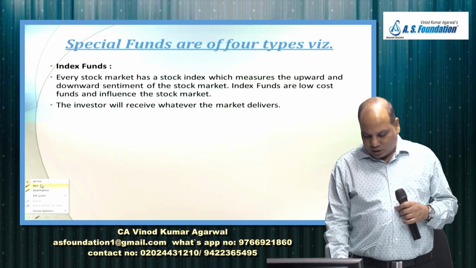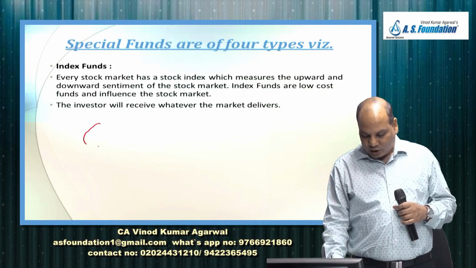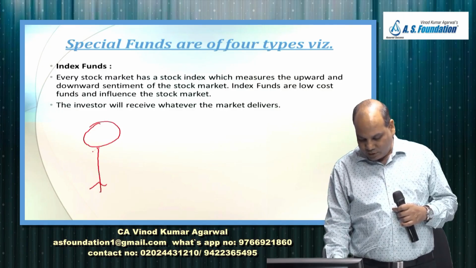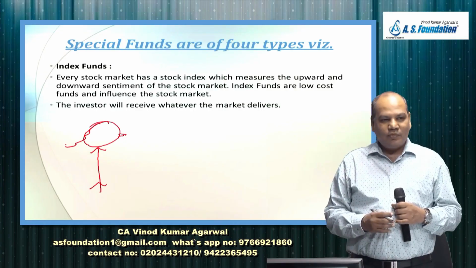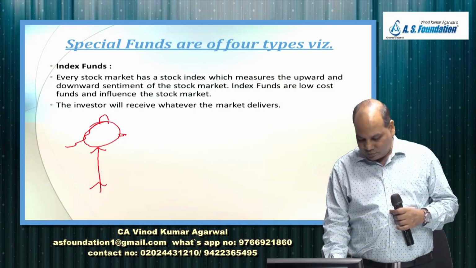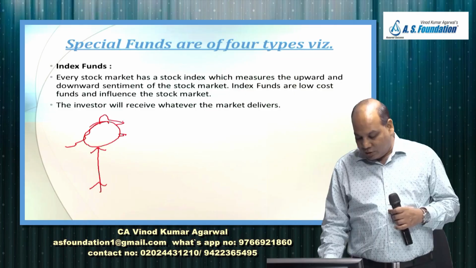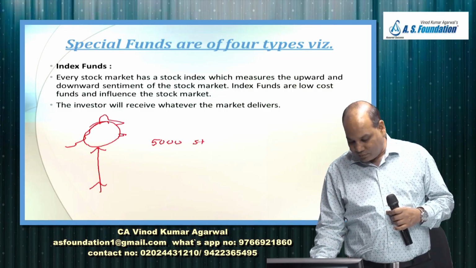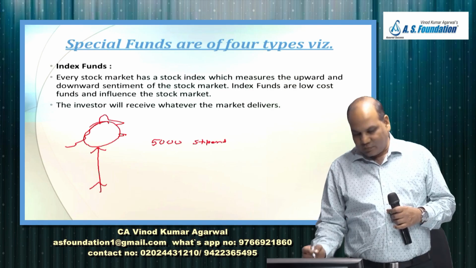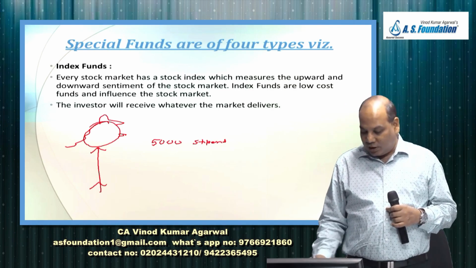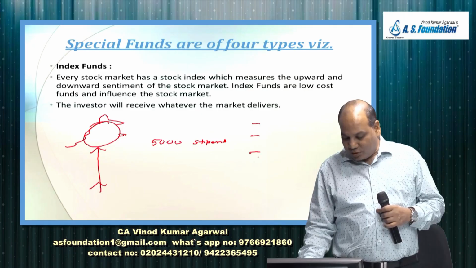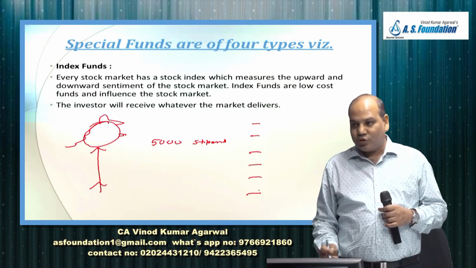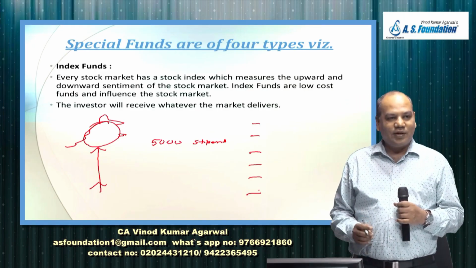You are the article student, okay? I will draw your picture. This is an article student. Now, he earns 5,000 rupees stipend per month. And he wants to invest in all those 30 shares of BSE Sensex, okay?